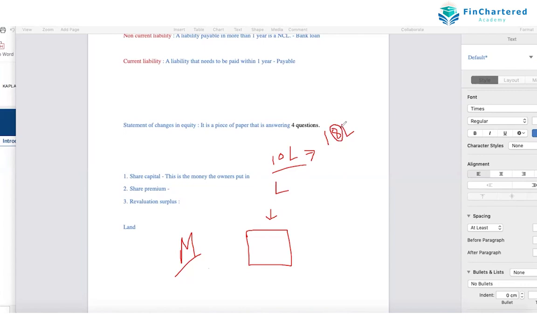And again, it belongs to the owners. That surplus that you get when you revalue an asset, or when an asset's value increases, belongs to the owner and must be reflected here under revaluation surplus. Right? So that is what revaluation surplus is talking about.